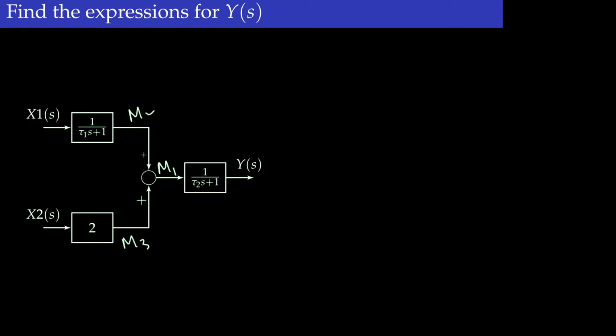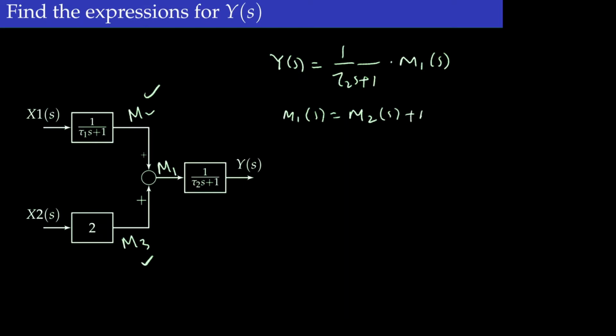The same way I can write down Y(s) equals 1 over tau 2 s plus 1 times M1(s). Now M1(s) is nothing but M2 plus M3. Now M2(s) equals X1 times 1 over tau 1 s plus 1.